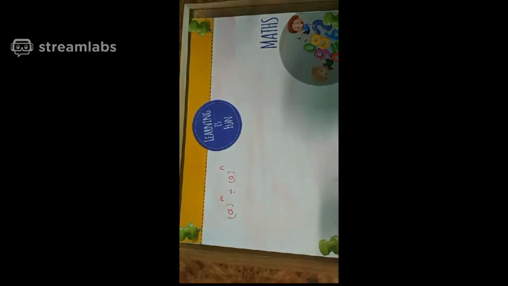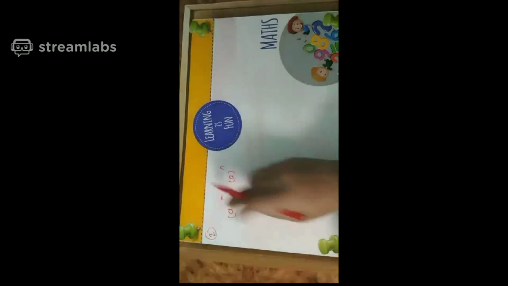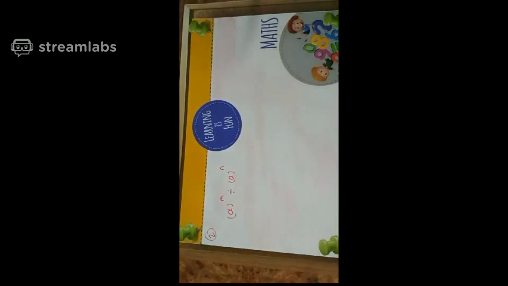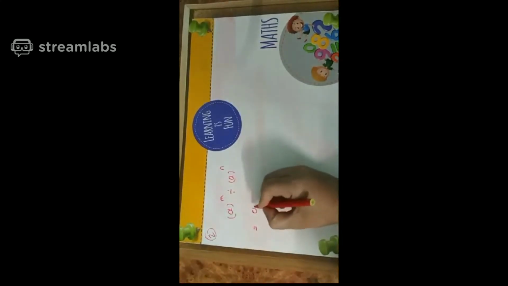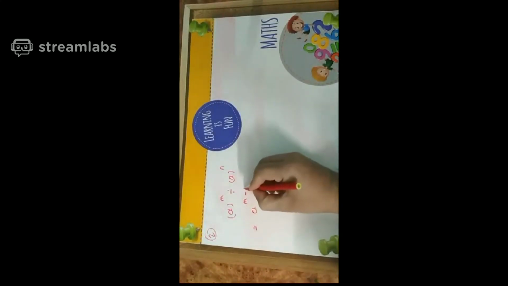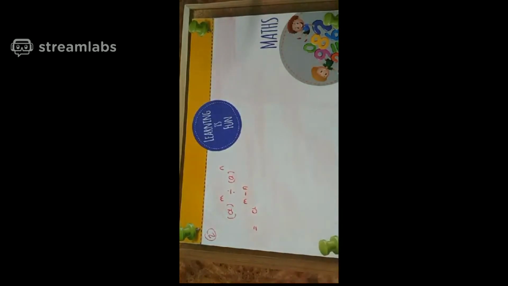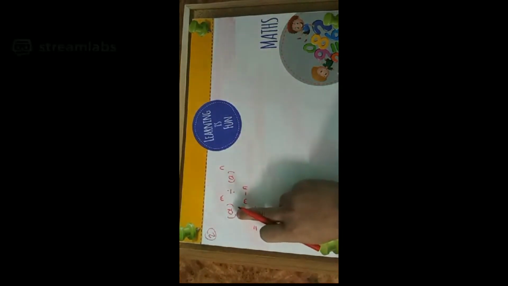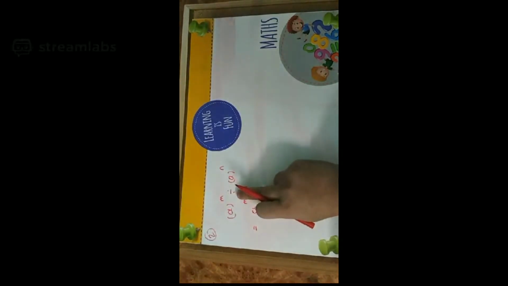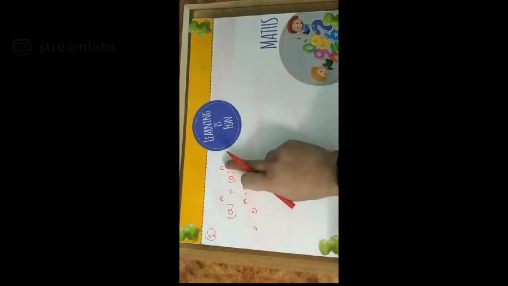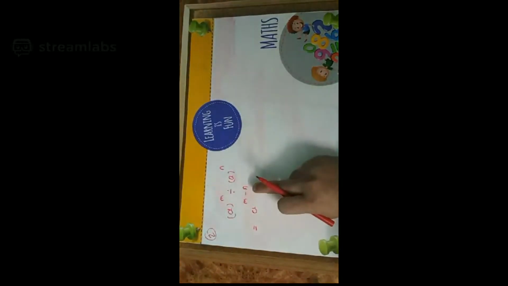Now in this second law, the base is the same and the power is different, so here the power will get subtracted. If I have a division sign and m and n are the powers, then the powers will get subtracted.